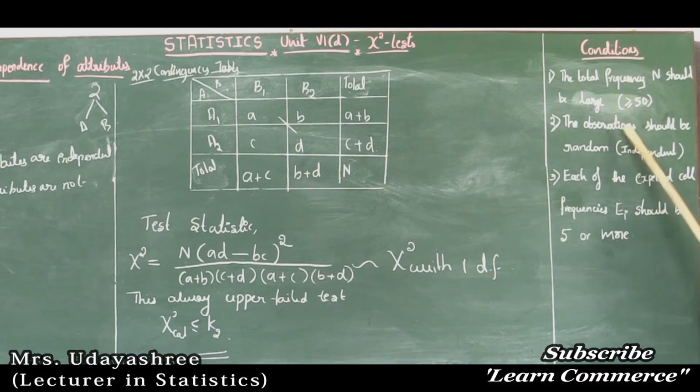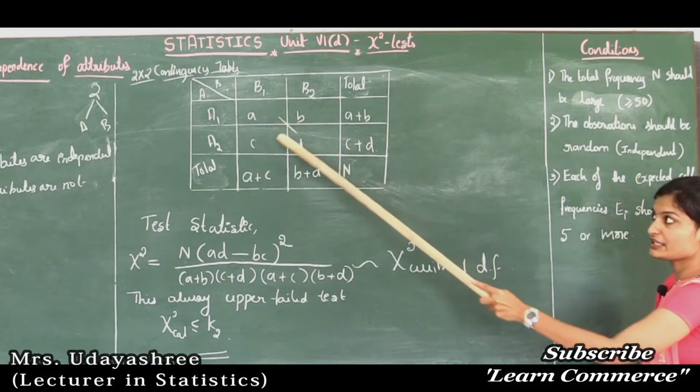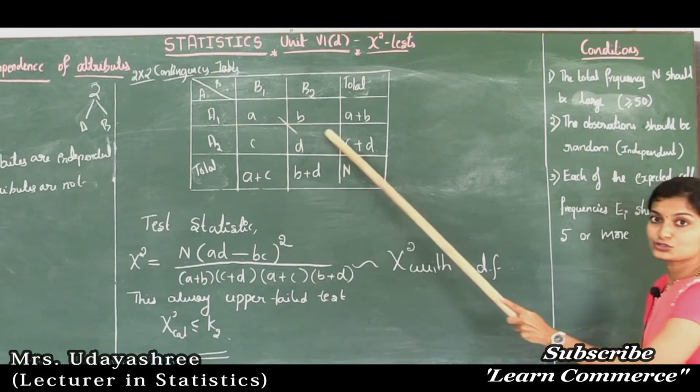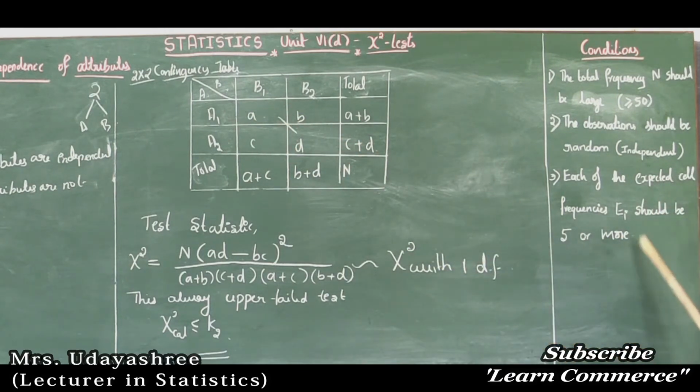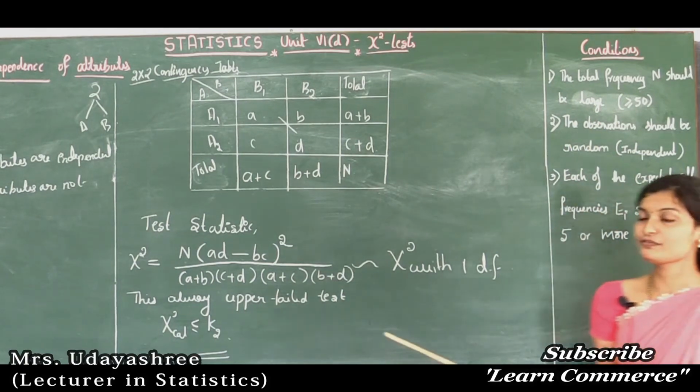Next, the observations should be random, that is, independent, and each expected cell frequency Ei should be 5 or more. These expected frequencies should be more than 5. I will explain the second condition using the problem.